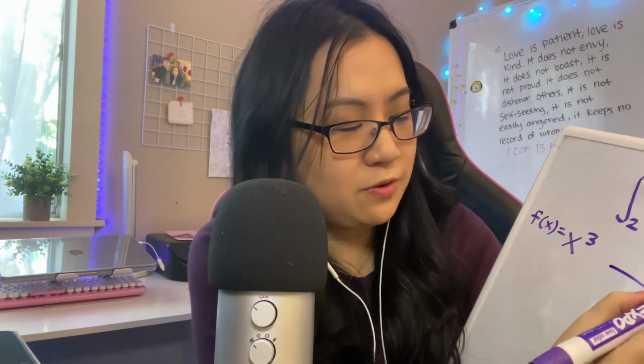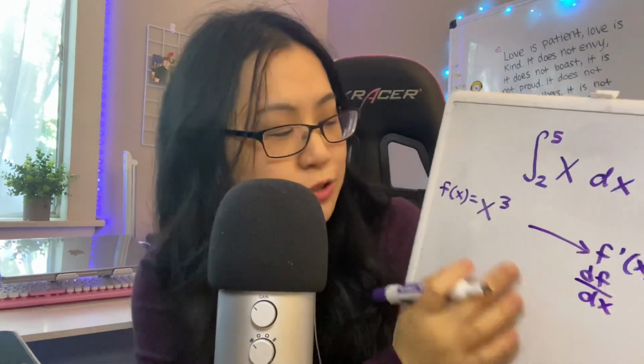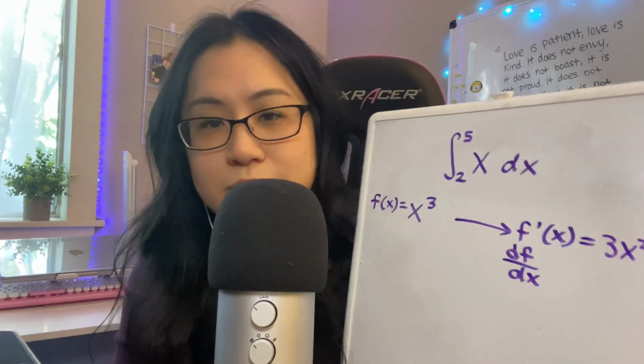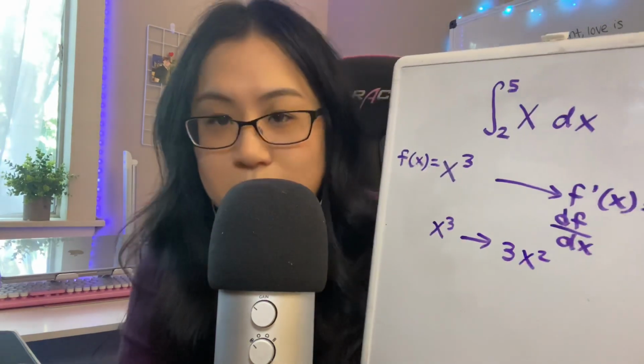If I gave you the function f of x equals x cubed, the first derivative, f prime, or in other words df/dx, we're taking the derivative with respect to x, there's only a single variable, equals 3x squared. So let me just write that again. x cubed. If I took the derivative, I get 3x squared.